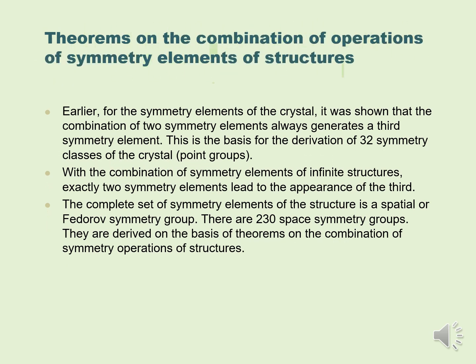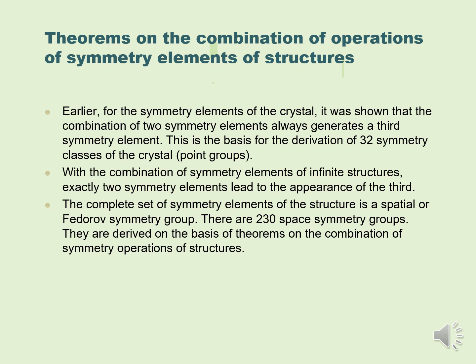The next step of our lesson, the theorems of combination. Earlier, for the symmetry elements of the crystal, it was shown that a combination of two symmetry elements always generates a third symmetry element. This is the base for deriving 32 symmetry classes of a crystal, or in other words, point groups.